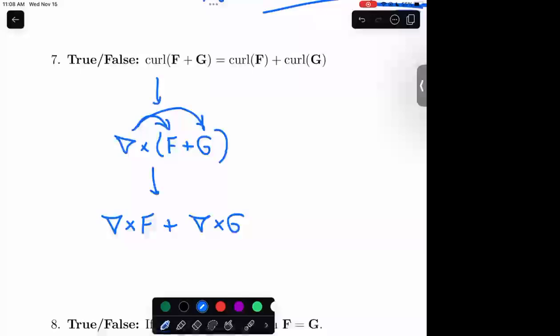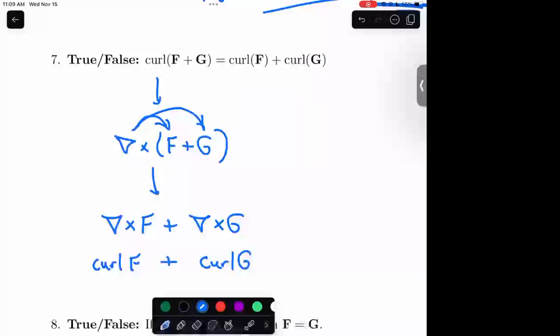And so long as you keep your del operator on the left, because again, the order in which you multiply for cross products really matters, then this is true. This is equal. And so this is just the curl of f. This is just the curl of g. And so therefore you can add these together.